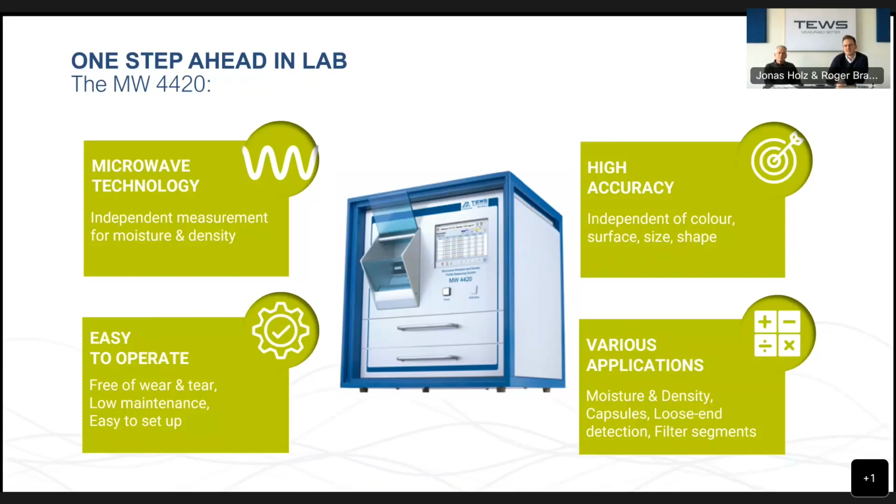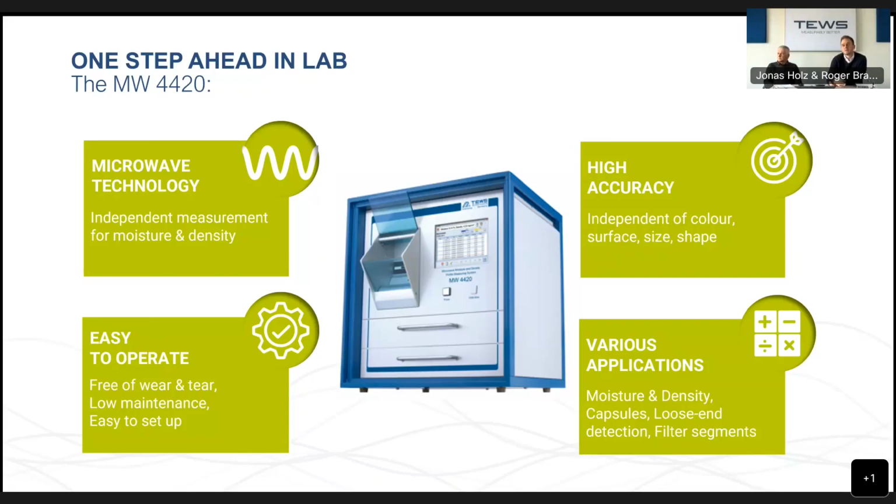Last but not least, and really specialized for the 4420 now, the 4420 is very flexible in terms of the applications it can be used for. It can not only measure moisture within cigarettes, for example, but it can also give you a density profile, which can help you, for example, to detect loose ends within a cigarette.